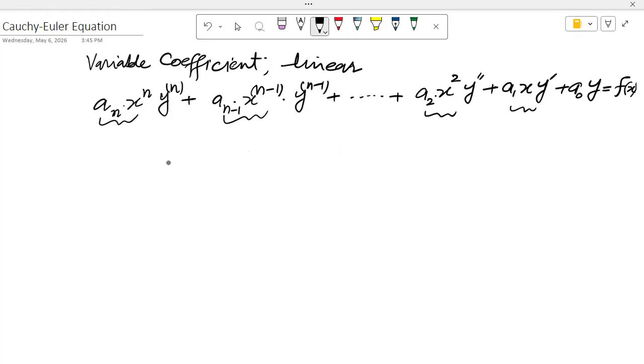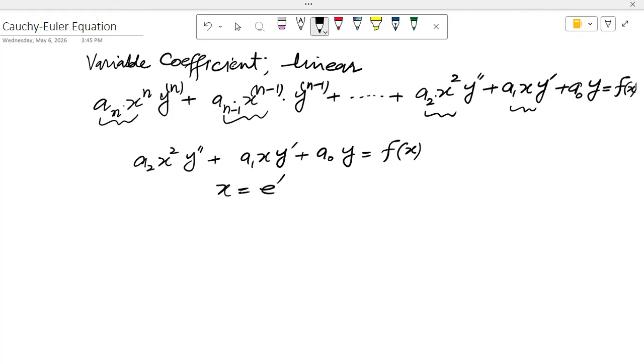A simple one of second order, if we consider, is a_2 x squared y double prime plus a_1 x y prime plus a_0 y, equal to f of x. It is known that the substitution x equal to e raised to the power t can convert this equation to a constant coefficient linear differential equation.